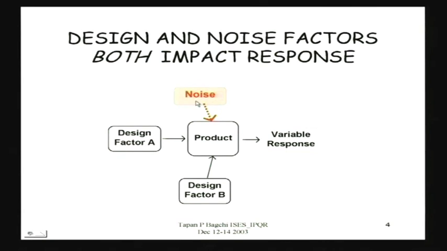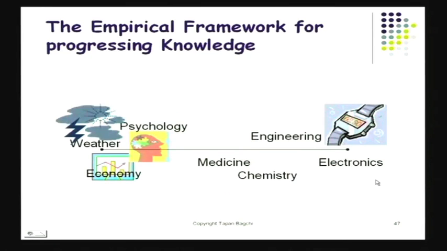Of course, the noise factor is there, and there are design factors A and B. I can combine these different design factors. I can produce different prototypes. I can subject those prototypes to noise, and I can really then do my robust design analysis. I could do that. This is something that I can do quite easily. But just take a look at this diagram that I showed you a long time back.